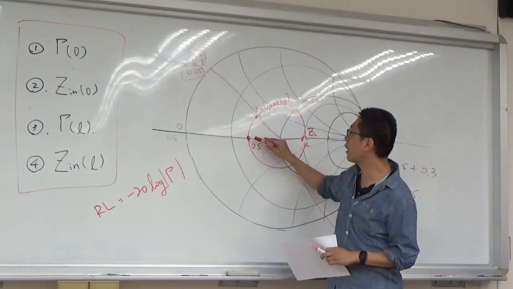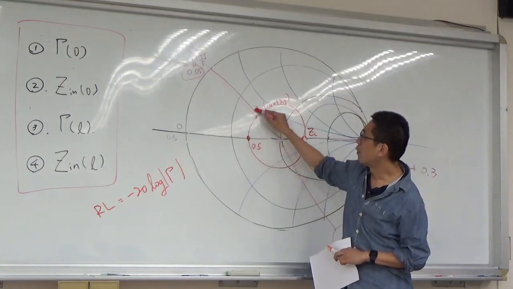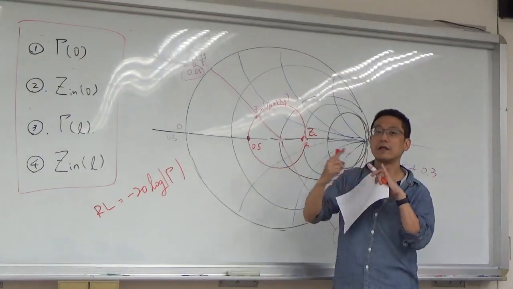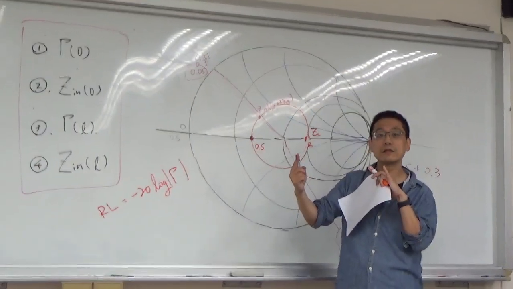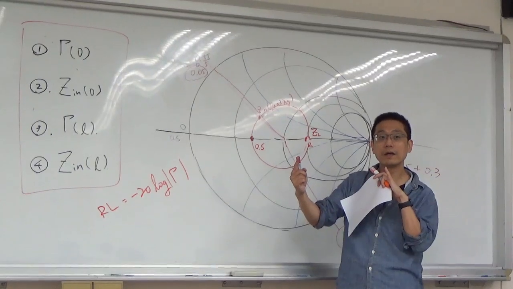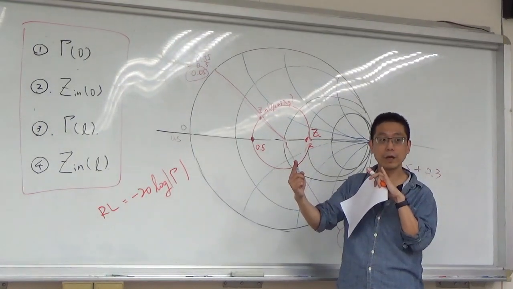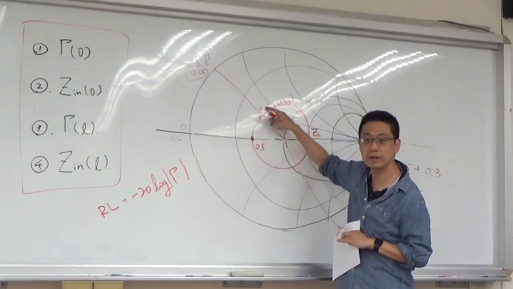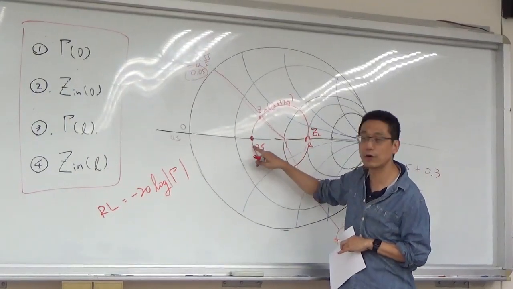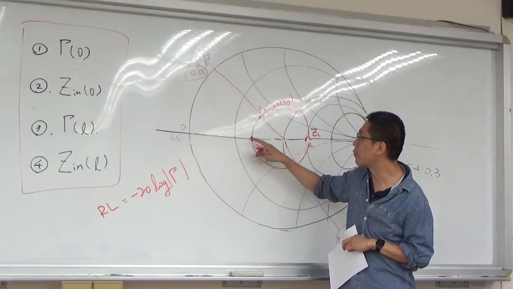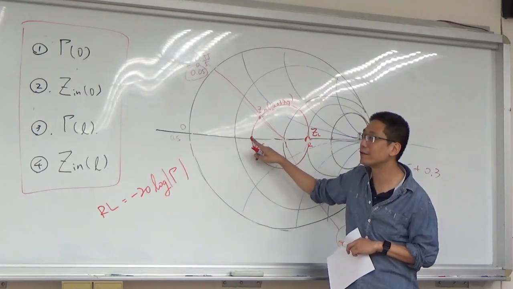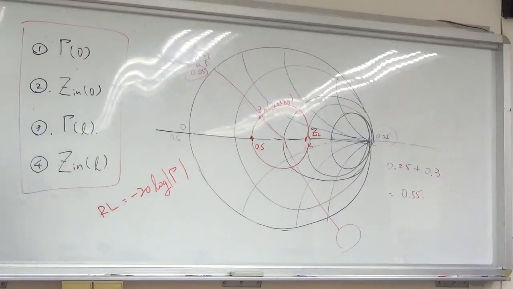And the location of this point is the input impedance, okay? Do you guys understand? This is the input impedance, where it is. Because if this is 0.5, you multiply 0.5 to 50, you obtain 25. So this is the half wavelength case.